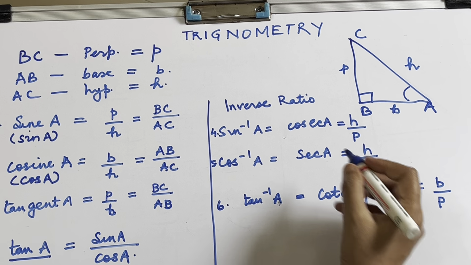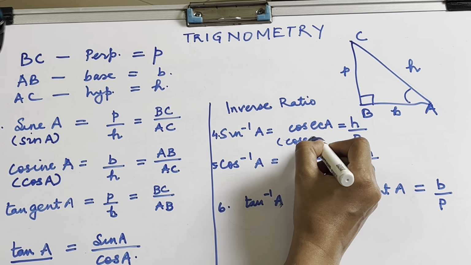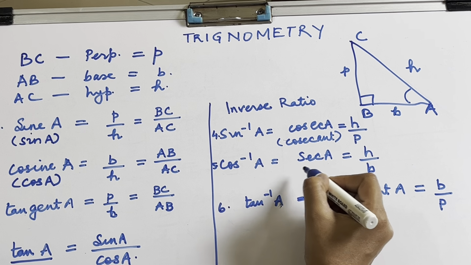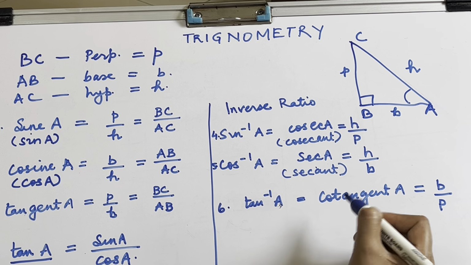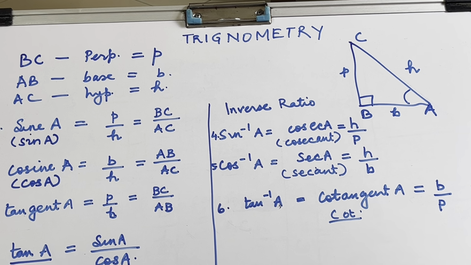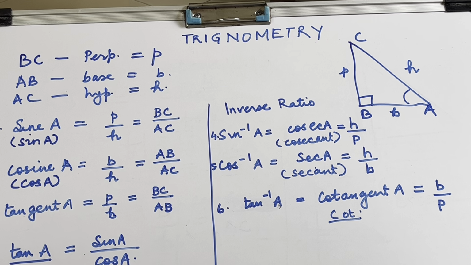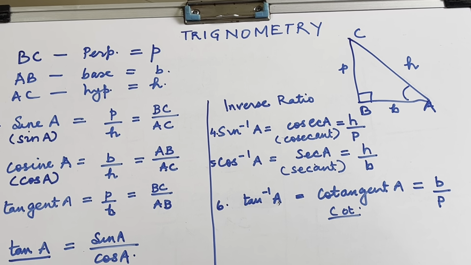The full name of cosec is cosecant, sec is the abbreviated form of secant, and cot is the abbreviation of cotangent. So I have given you the information about the six trigonometric ratios.